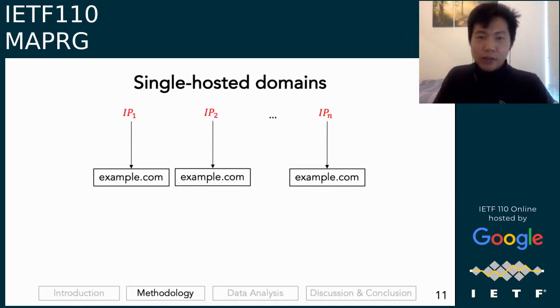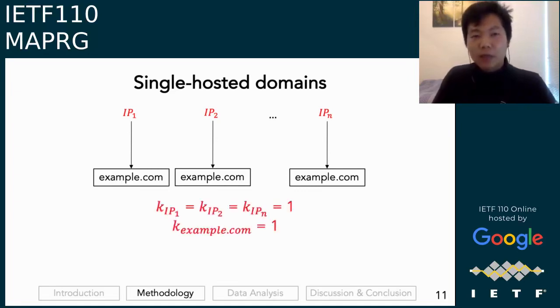So let's go back to the attack scenario in which the attacker can only see the IP address of the destination server. Given an IP address, there are 2 hosting possibilities. The first one we refer to as single hosted, in which a domain is exclusively hosted on one or more IP addresses that do not host any other domain. In this case, let K be the co-hosting degree.